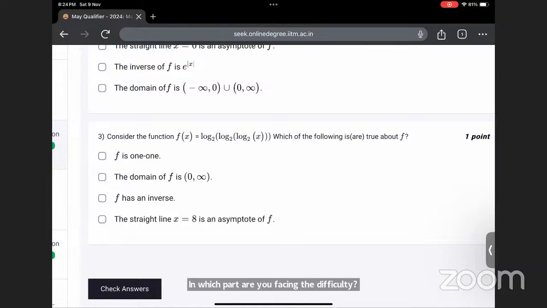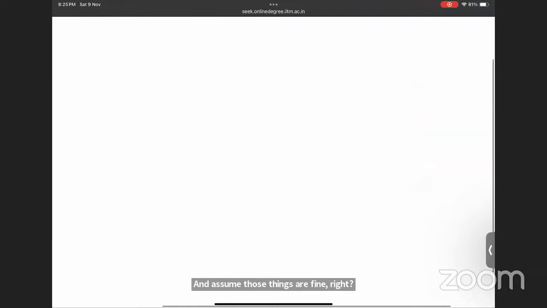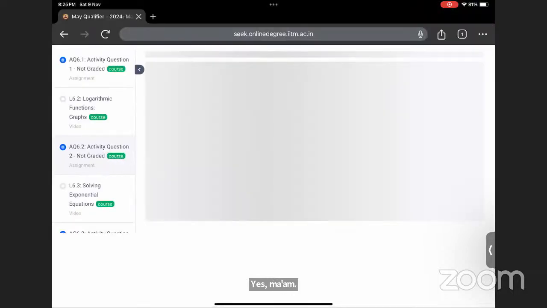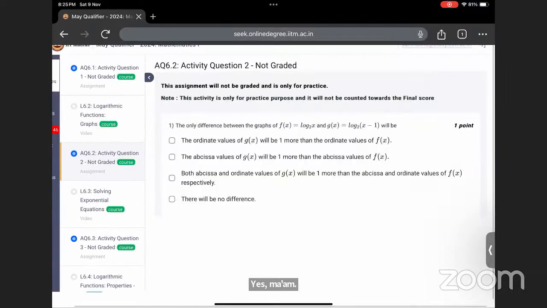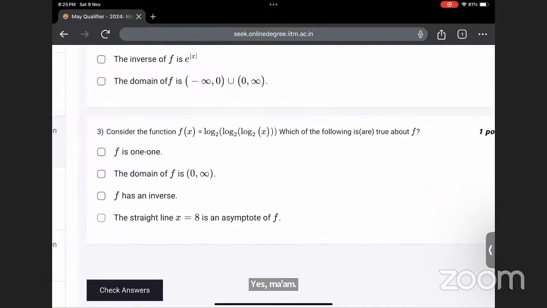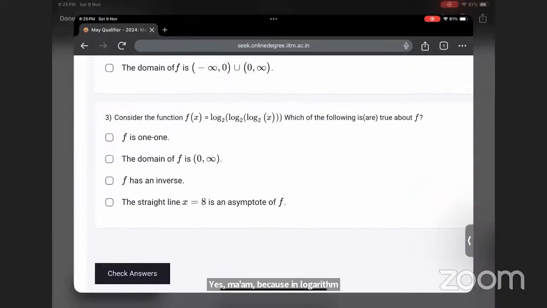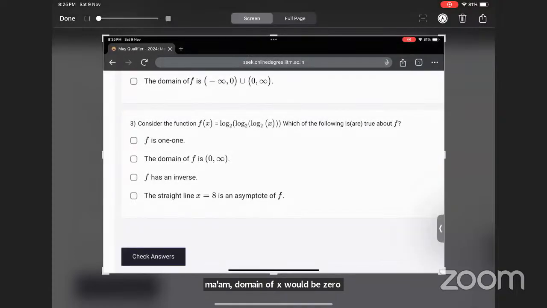Domain part, ma'am. You are all done with f being one-one or having an inverse, and asymptote, these things are fine, right? So you are facing a problem with the domain part only. Yes, ma'am, because in logarithm the domain of x would be from 0 to infinity, and this option is given, but this is wrong.